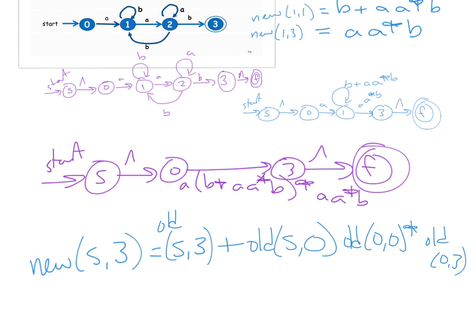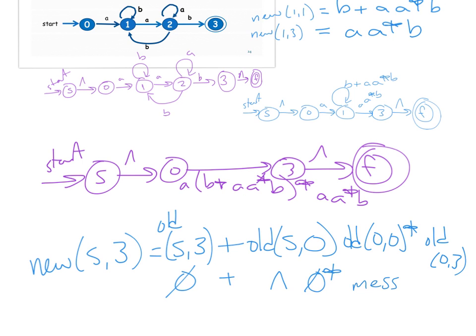And life's getting simpler now because there is no old S to 3, so that's the empty set. And the old S to 0 is just a lambda. The old 0 to 0 is the empty set, so we star that. And the old 0 to 3 is this big mess here, so I'm just going to write mess.